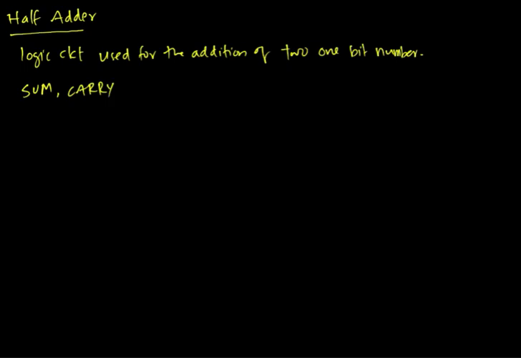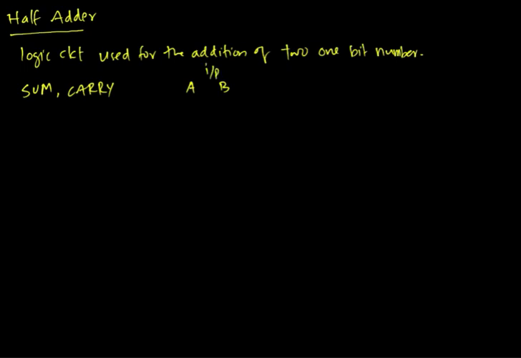So if we consider the truth table for a half adder, as I told you, it is used for the addition of two 1-bit numbers. Let's say A and B are the two inputs.